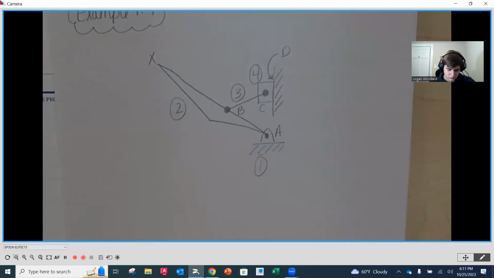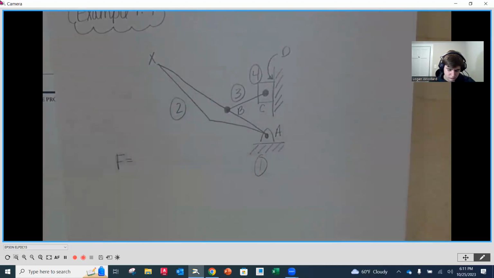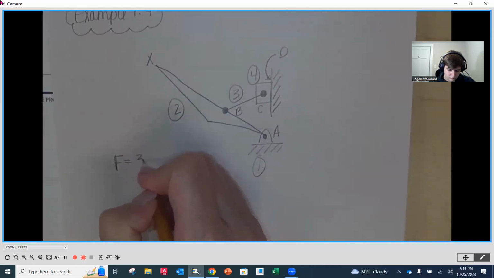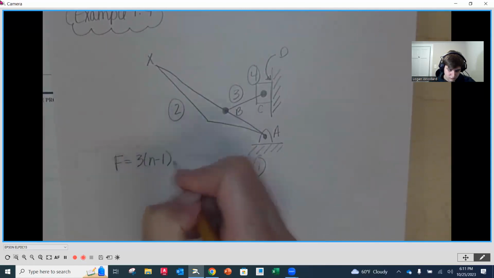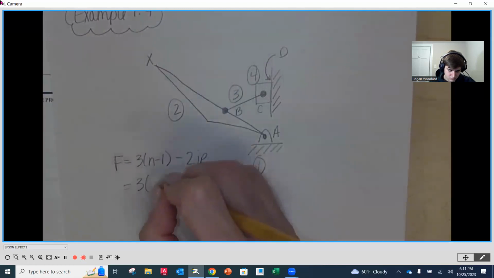Okay. Mobility equation. Tell me what I'm going to write. What's my equation? Variable form. 3 times n minus 1 minus 2 JP. Okay. So then I'm going to have 3 times number of links. There are 4 links, right?